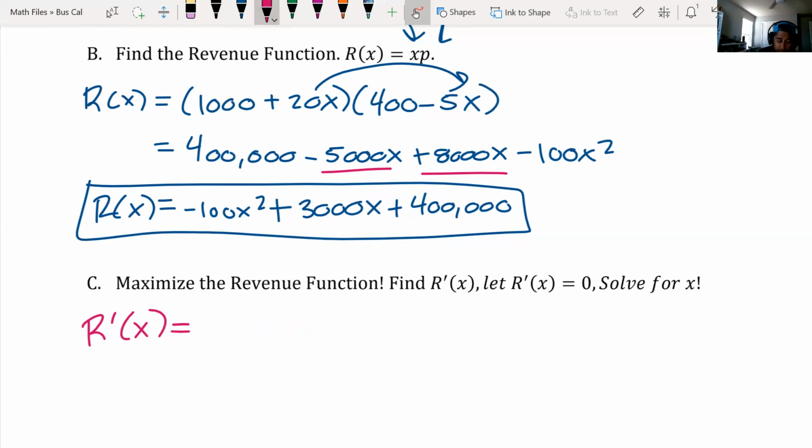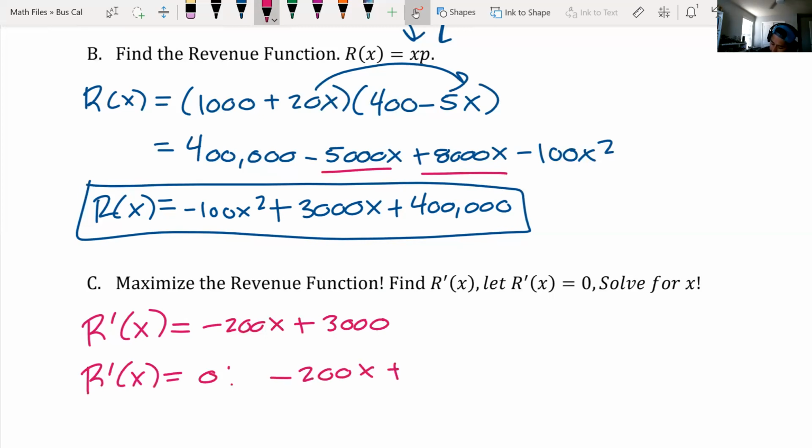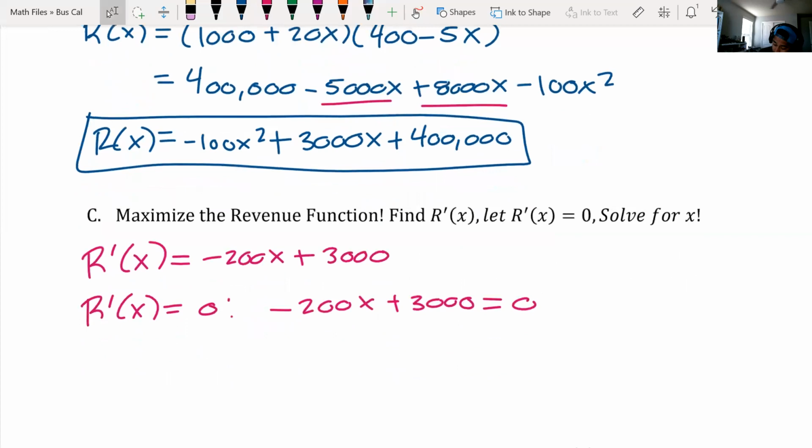All right. Now we do the derivative and we get negative 200x plus 3,000. You set the derivative equal to 0. So negative 200x plus 3,000 equals 0. And then move that 3,000 over, and then divide by negative 200.